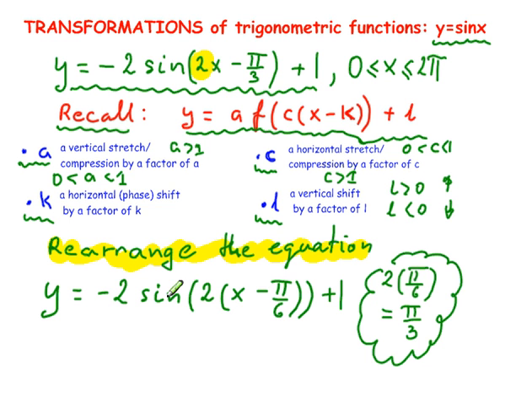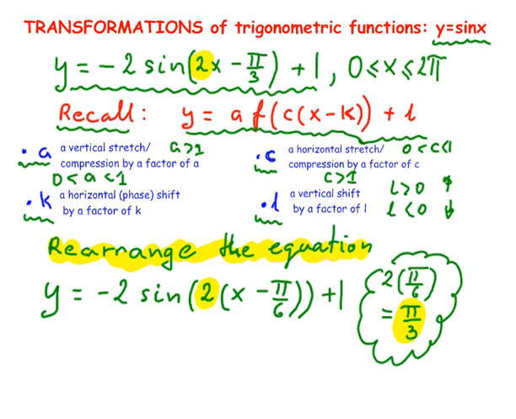Take out 2, bring it outside. What goes inside? Variable x. And then you have to divide pi over 3 by 2, so you'll get pi over 6. If you choose to ever go back to the original statement, you must have 2 times x, which is 2x, minus 2 times pi over 6, which will give you pi over 3. This way you can always make sure that it is done properly.